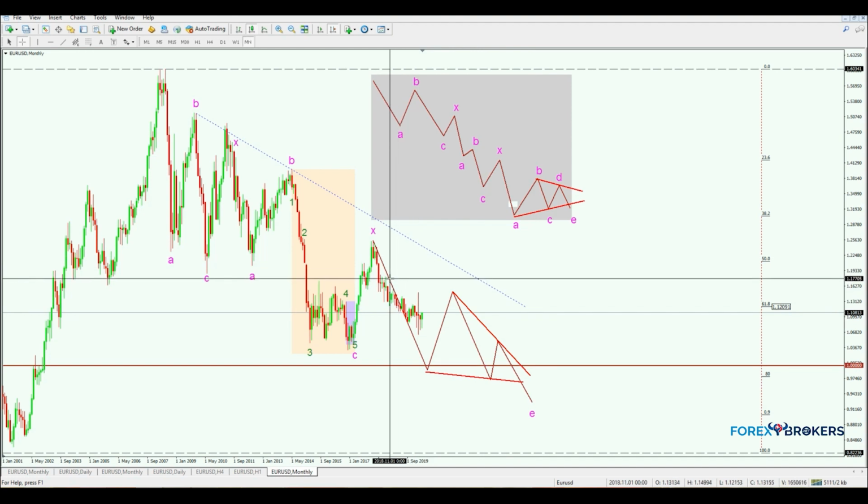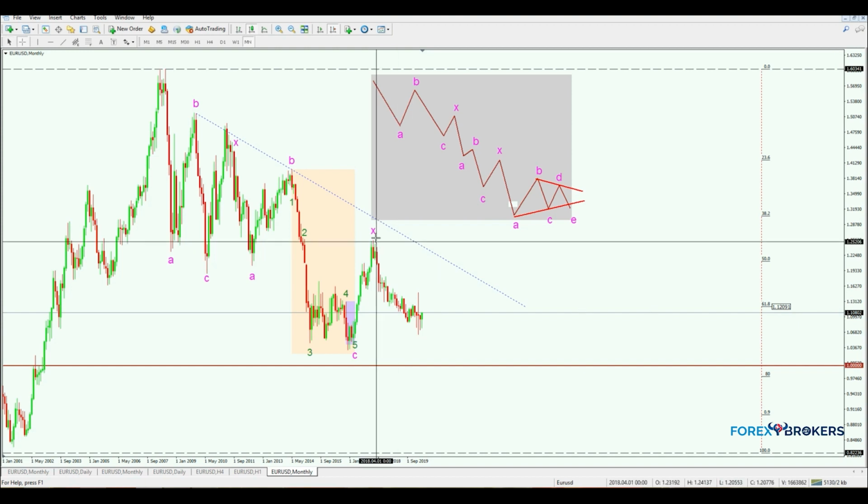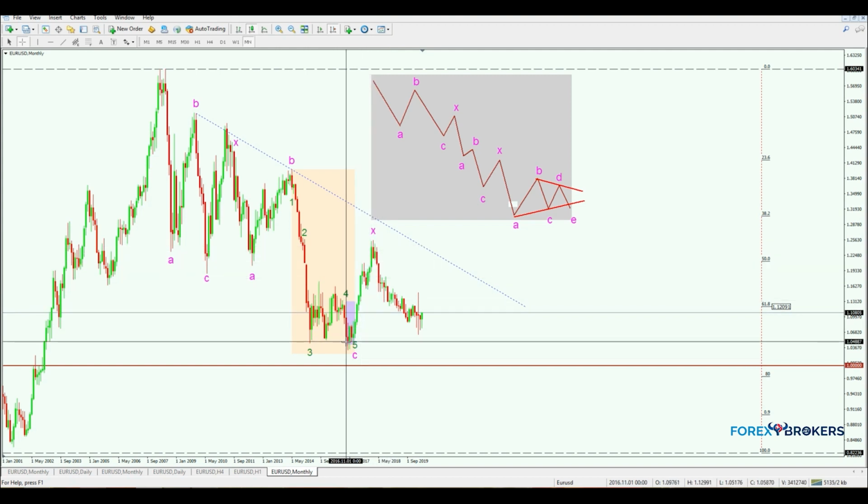The only way to have an idea of the nature of the triangle that the market forms here is to use the rules of a non-limiting triangle and apply them to the move that started here. For this, one should go on the lower time frames, count this X wave, look at this X wave as a corrective pattern.